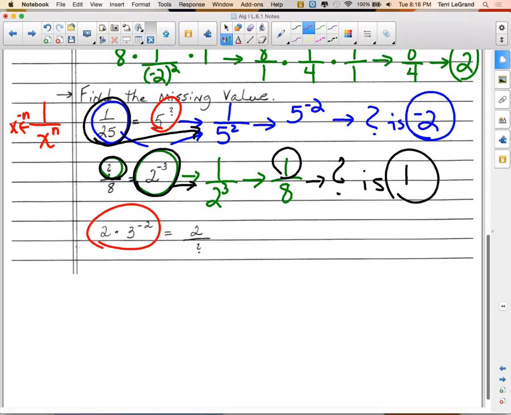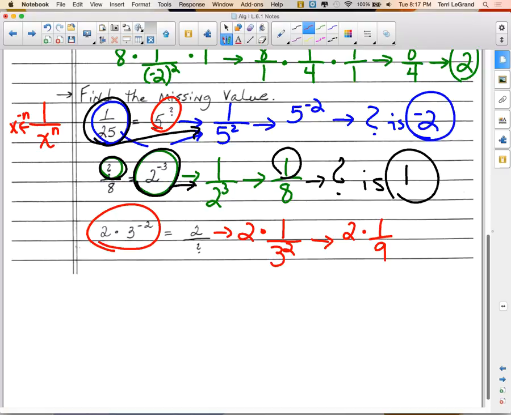Let's take this part, and that can become 2 times 1 over, remember, 3 to the negative 2 power can be rewritten as a fraction 1 over 3 to the positive 2 power. So now that can become 2 times 1 over 9, because 1 over 3 squared is 9.